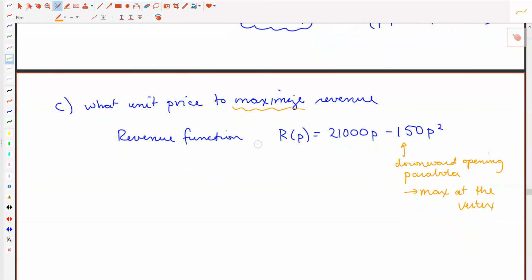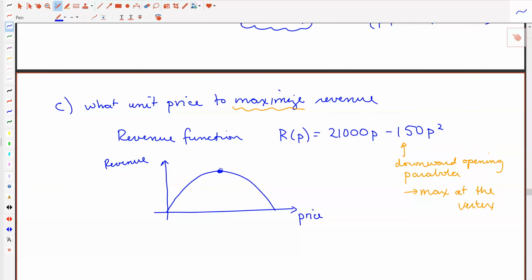Maybe as a quick sketch for what's going on here: along my horizontal axis, we'll have my price p, along my vertical axis, I will have my revenue, and just as a very generic sketch, I will have a downward opening parabola.